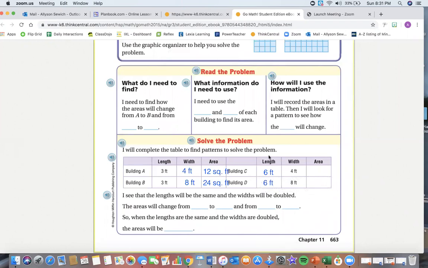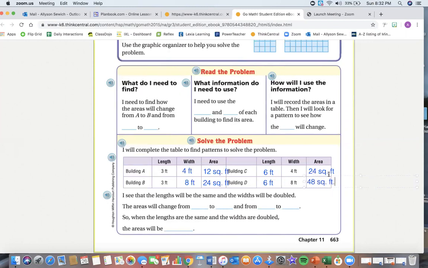Now, to find the area, we're going to multiply. 6 times 4 equals 24 square feet. And with building D, the length and the width, 6 and 8, we're going to multiply and we get 48 square feet.